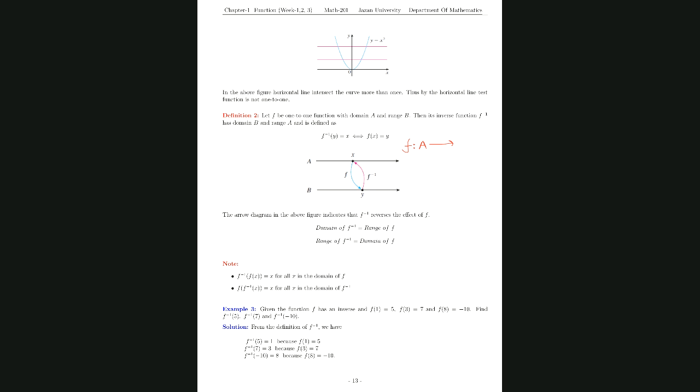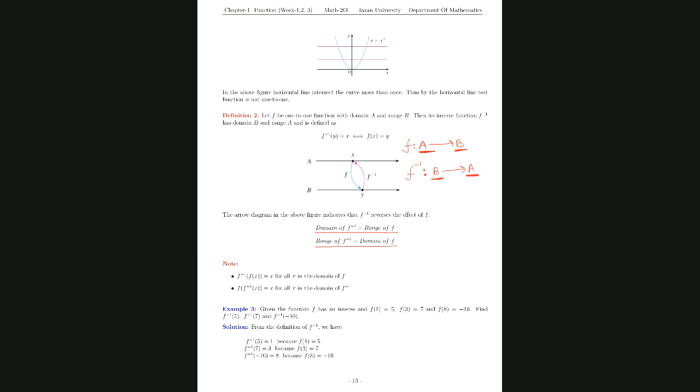If this function f from a to b is one-to-one, then this f inverse exists, and this f inverse is from b to a. So the domain of f inverse is the range of f, and the range of f inverse is the domain of f. You have to remember this.